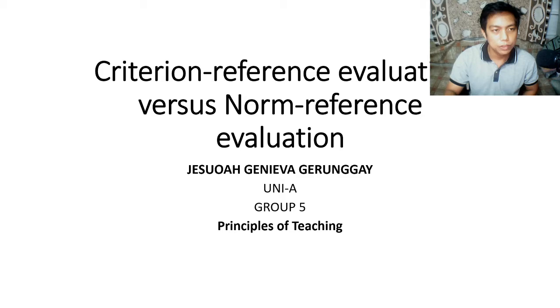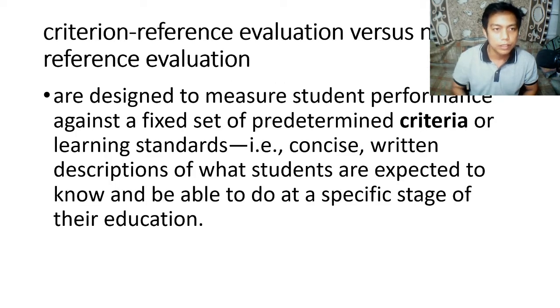Let's define criterion reference evaluation. It is designed to measure student performance against a fixed set of predetermined criteria or learning standards. An example is a concise written description of what students are expected to know and be able to do at a specific stage of their education.